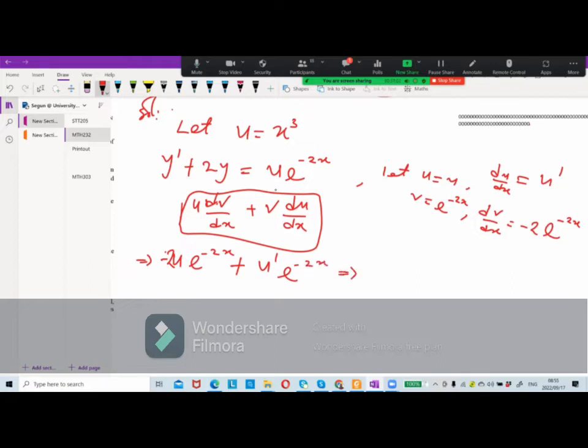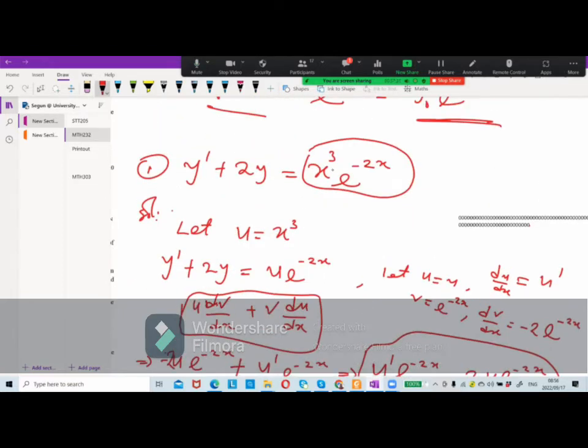Then if you rewrite it, it's going to be u prime exponential minus 2x minus 2u exponential minus 2x. Am I communicating now? Yes, sir. So this is what is equivalent to the other side when you solve this.